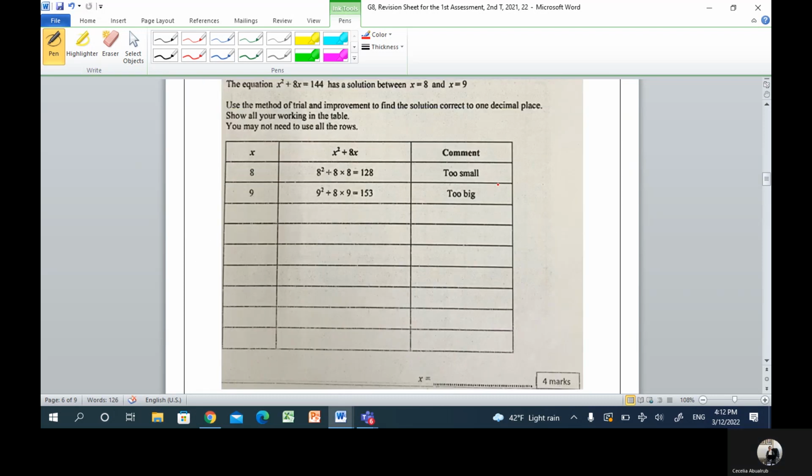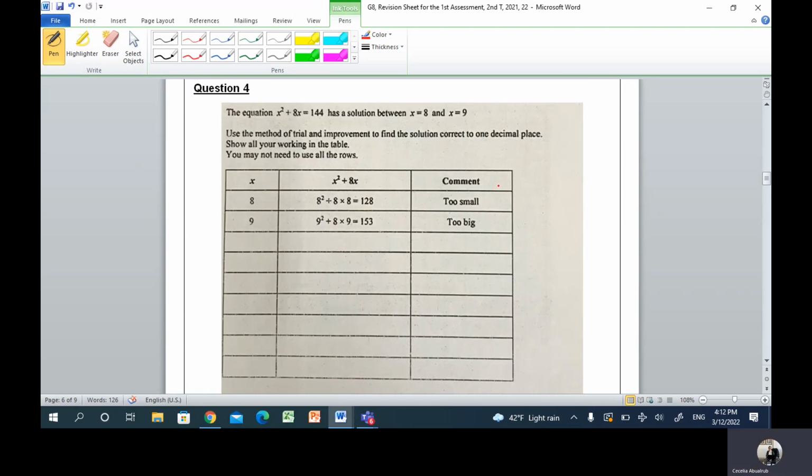Okay. This question, I think you have no problem with it. You have to pay attention to which degree they want you to find the value of x. So here they say it's to 1 decimal place. They said it's between 8 and 9, so let's say with 8.5, for example.